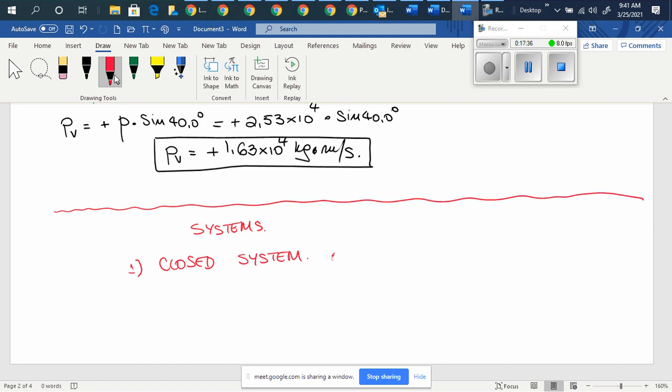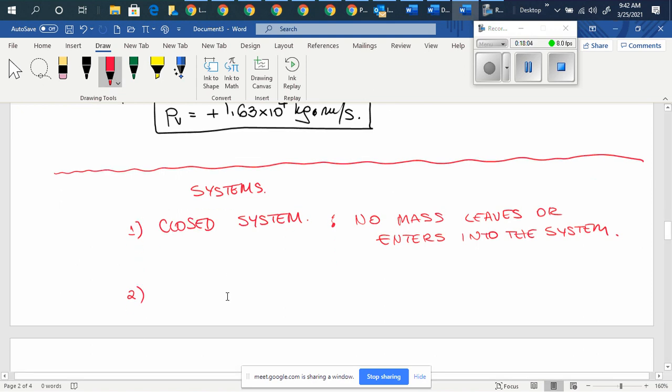So no mass leaves or enters the system. Then the next type of system that we talk about is known as the isolated system, where no external forces act on the system and no energy leaves the system.